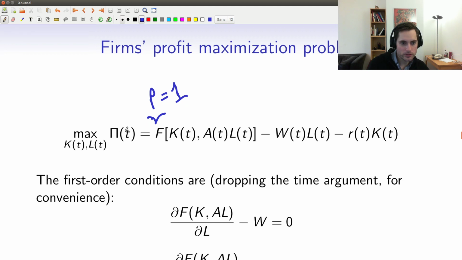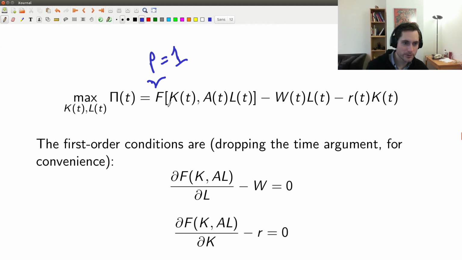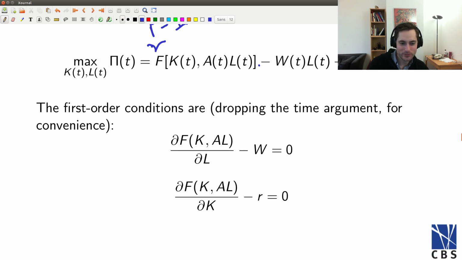Okay, so let's look at first order conditions for the firm. Looks kind of boring here, but all we're saying is just that the firm is going to be taking the derivative of this production function with respect to labor minus the wage, we set this equal to 0 to get the optimization condition, and then the same for the optimal level of capital that the firm wants to rent.